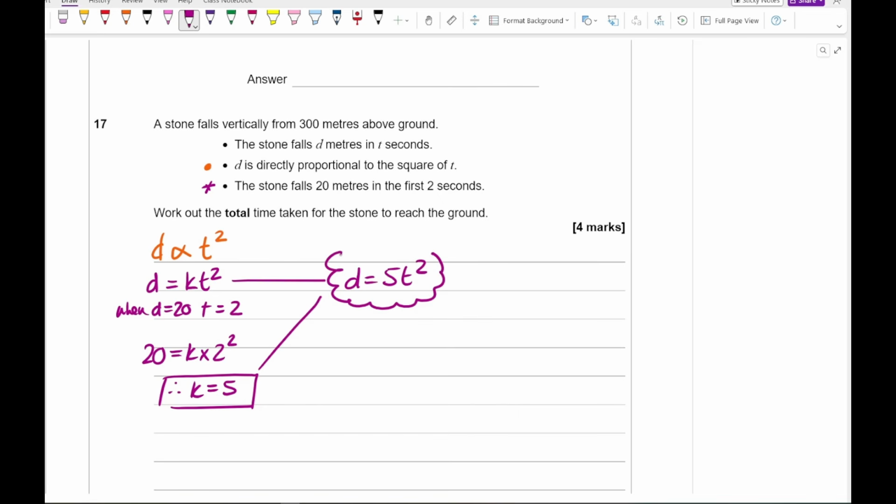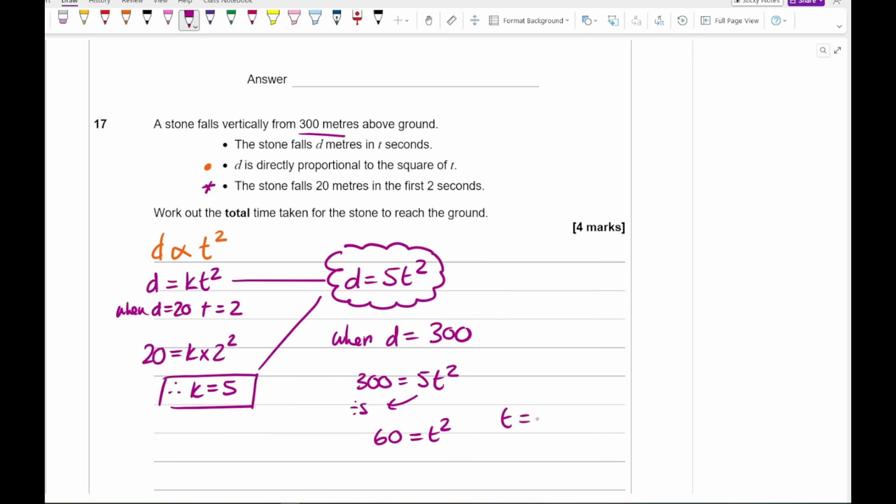Now from this, what I then need to do is use the information which is given to me in the question, which is to find the time when d is 300. So when d equals 300, we get 300 equals 5t squared. So taking the 5 over to the side by dividing by 5, we get 60 equals t squared.